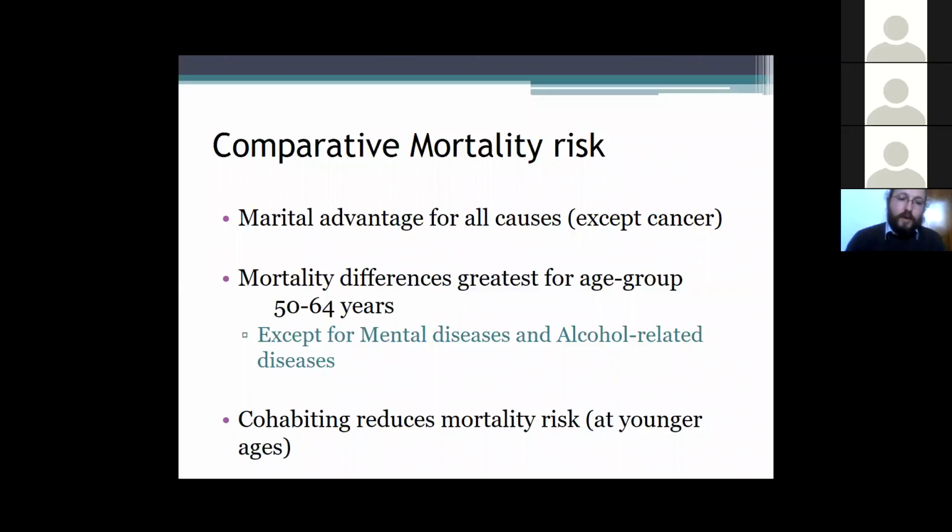We also found for the cause-specific analysis that cohabiting reduces the mortality risk, especially at younger ages. This is probably due to the fact that at older ages, people still need cohabitants, so extracting the other cohabitants doesn't really make a difference.